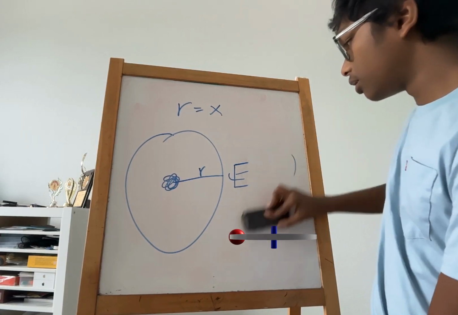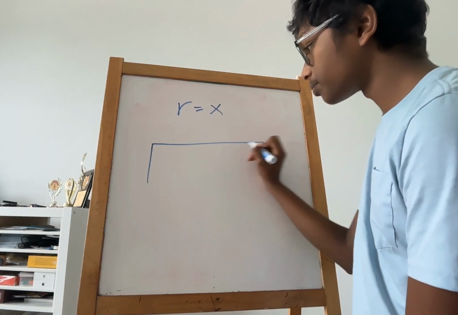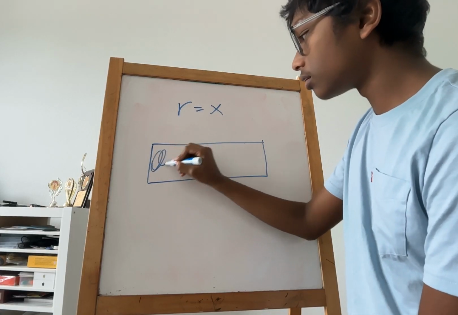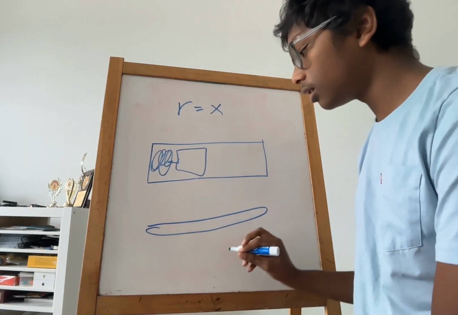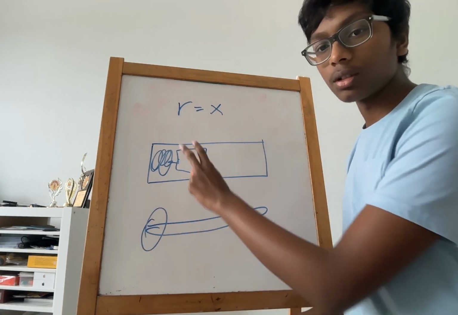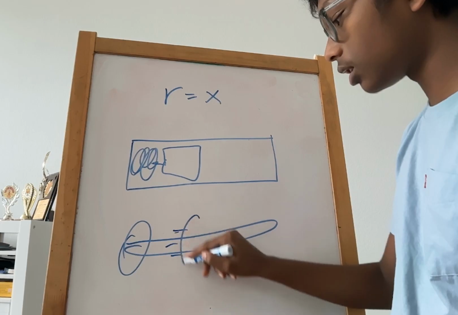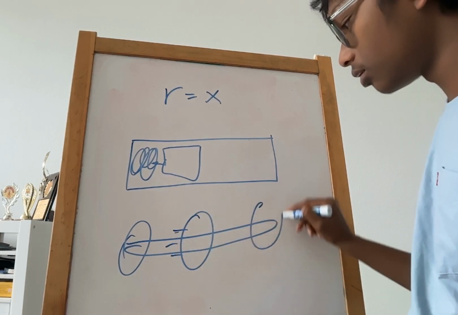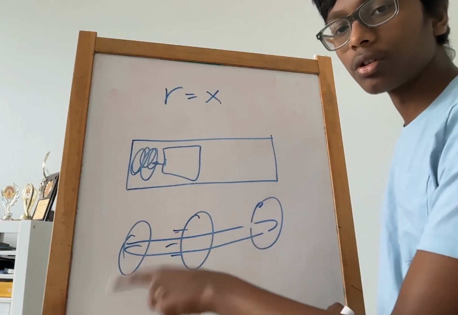Let me draw another picture to make more sense. Let's say this is our spring, this is the plane that it was on, and this is the circle. If the circle just accelerates to the side, it's just going around in a more circular way.